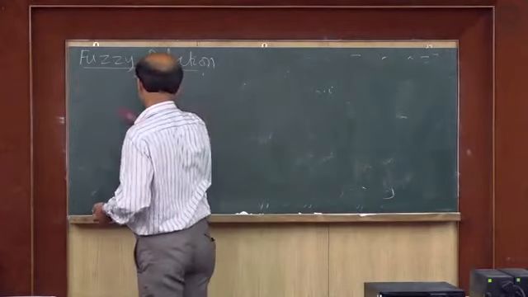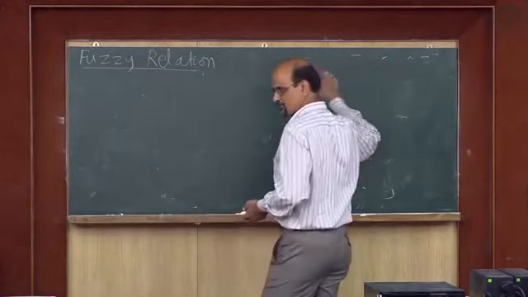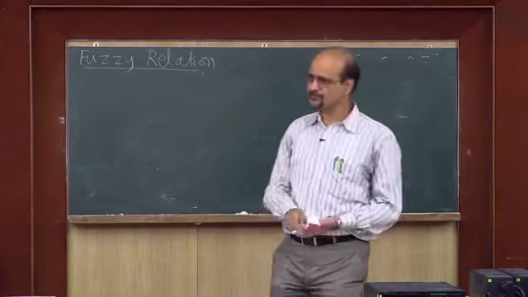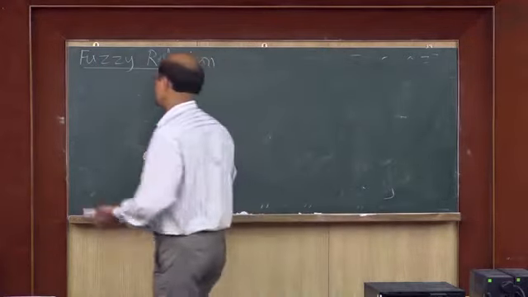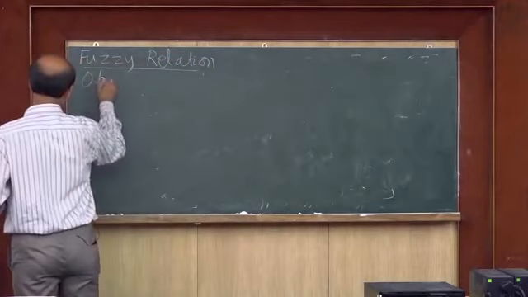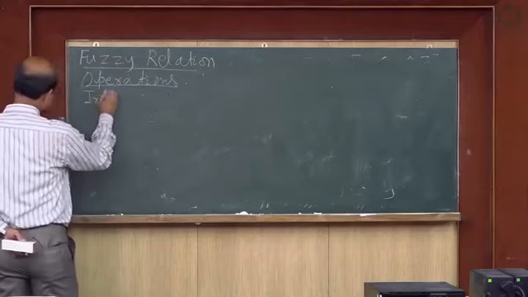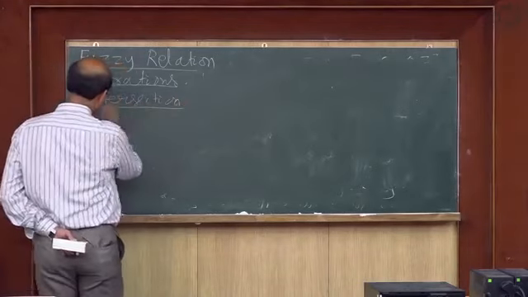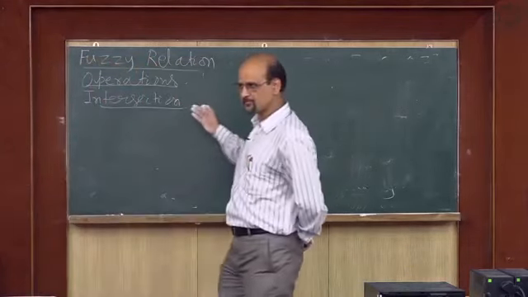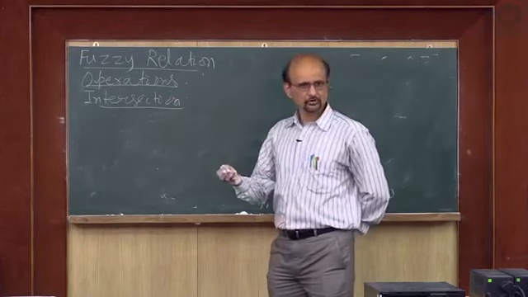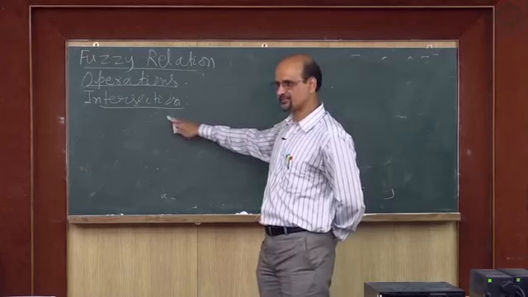Now, in fuzzy relations you also have the same operations: union, intersection and complement, very easy, you can extend them very well. Suppose I define intersection first. This is a binary operation, so I should have two relations.